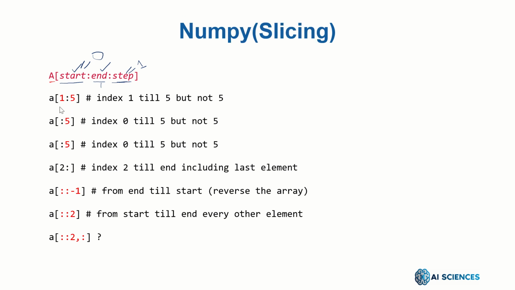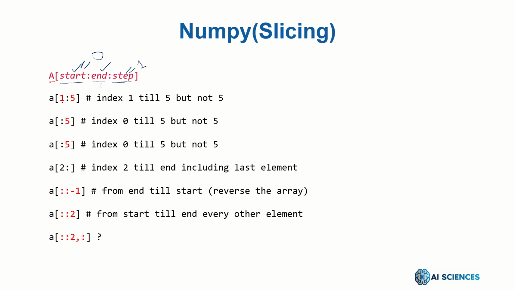Take for example here, let's say A is some NumPy array, and I index it with the start index as 1 and the end index as 5, and the step size is not provided, so the default step size is 1.